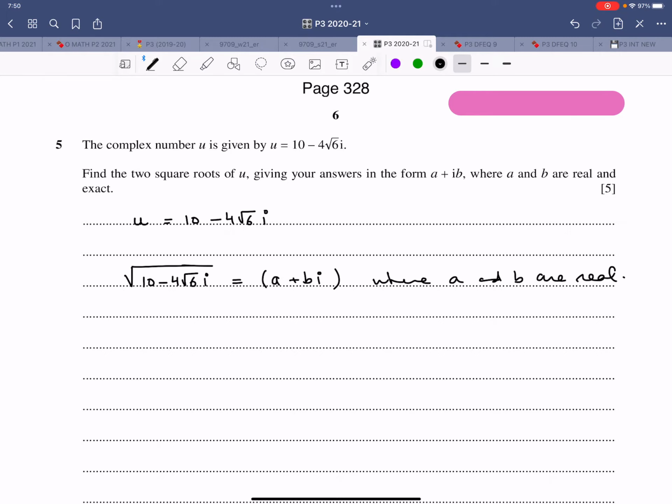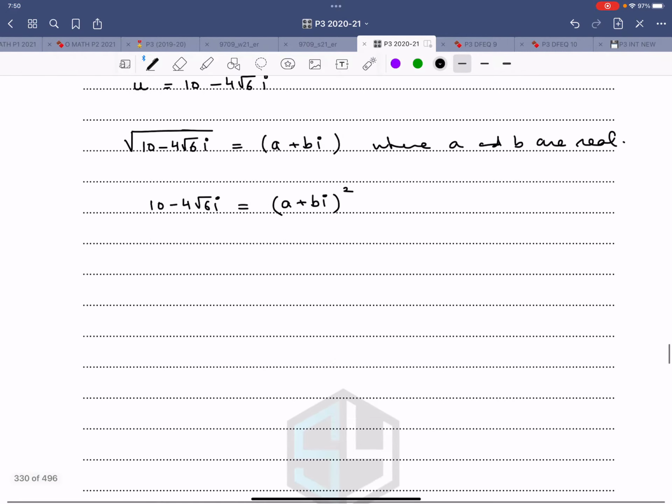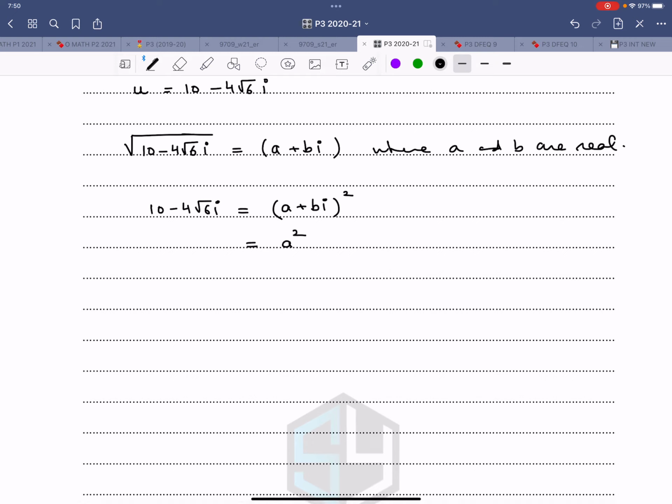So therefore 10 minus 4 root 6i is a plus bi, the whole thing squared. Now expand this thing, that is a squared plus 2abi plus b squared, i squared is minus 1, so a squared minus b squared, that is the real part, plus 2ab, that is the imaginary part.